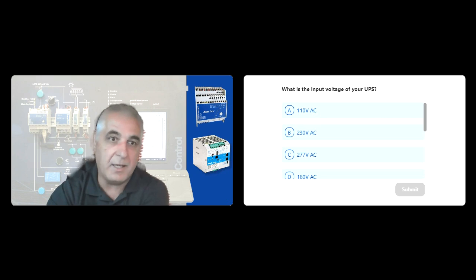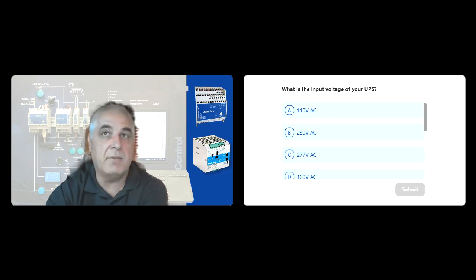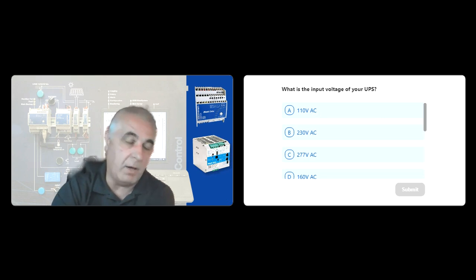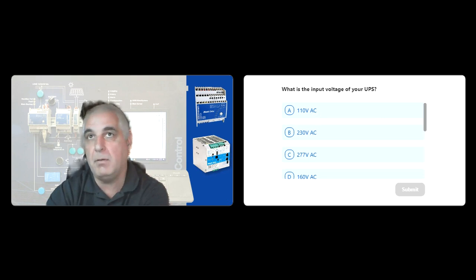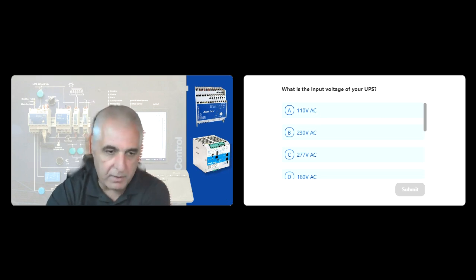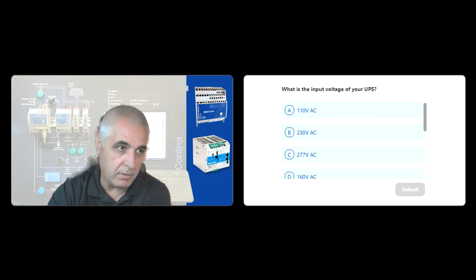So the parking lot basically has power during the night, and it's 277 volt. During the day, they don't have power available. So what they do, they use our system, they tap into the 277 volt and they charge the battery at night, and they monitor the system during the day.